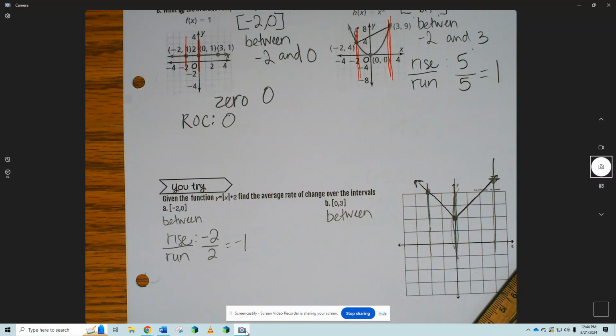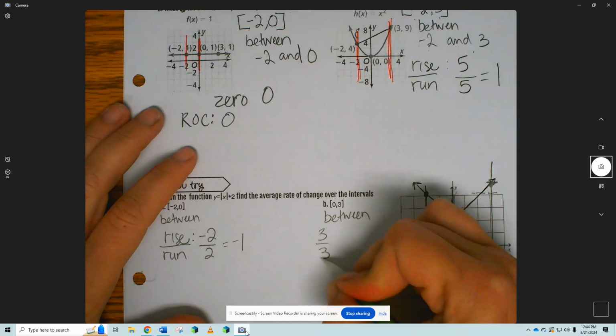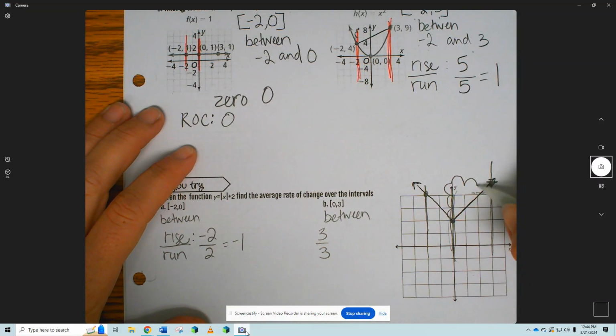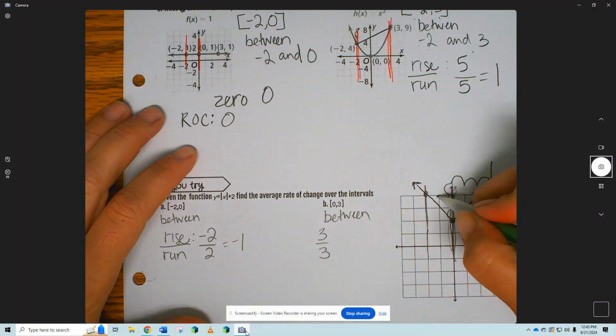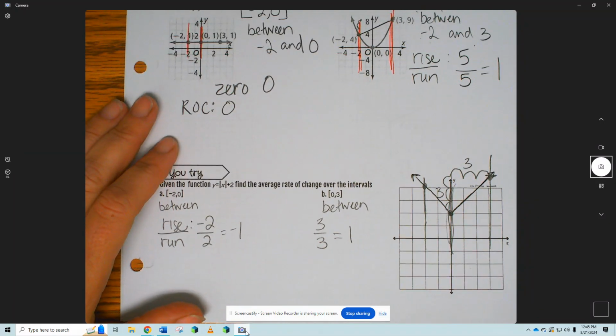So here's your boundaries. They're your intervals, start at 0 and go to 3. Then rise and run. Rise, 3. 3 over 3. Do you guys see that? 1, 2, 3. 1, 2, 3. 3 over 3. The rate of change is +1.